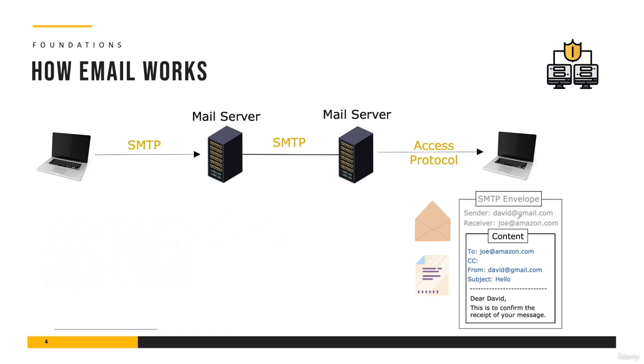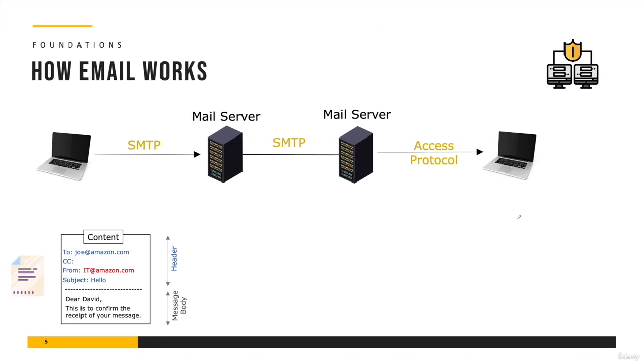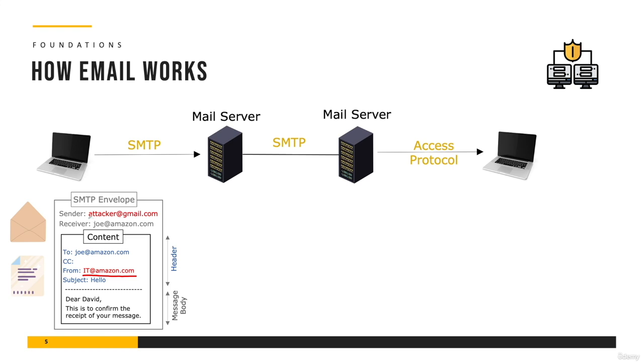Let's see how this is exploited by attackers. Now, what an attacker can do is modify not only the from address in the actual email, but using specialized software and tools, they can even modify the sender address in the SMTP envelope.